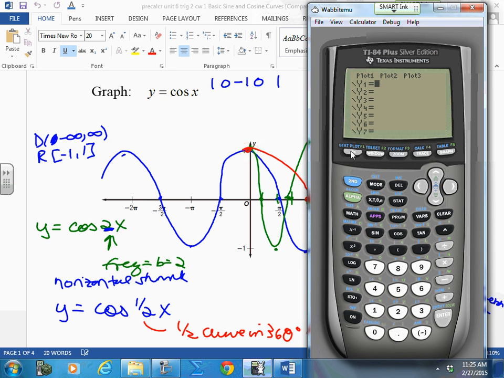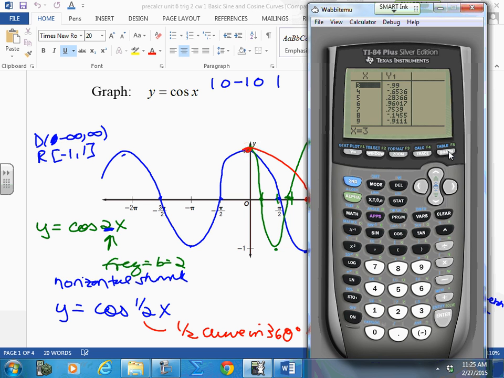We're going to put in just a cosine curve, cosine x. Now, my mode is in radians right now. If I do a zoom trig, it's going to graph my cosine curve from negative 2 pi to 2 pi. And my table is going to be in radians.